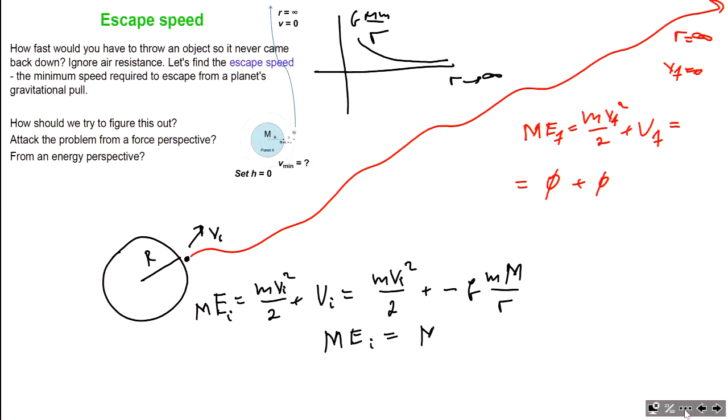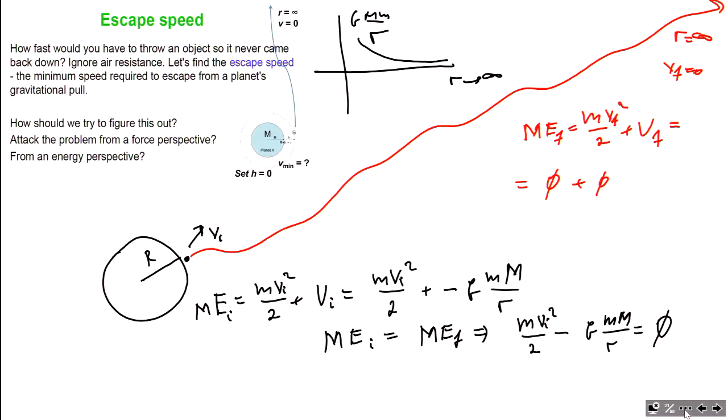And the equation says m v initial squared over 2, this is the speed we are looking for, the escape speed, minus G m M over r, potential energy of the interaction, should be equal to 0 plus 0, 0. That's it.